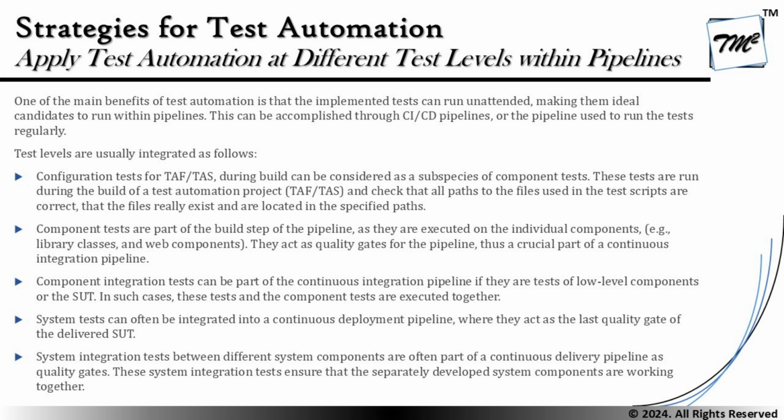So the objective, as we know from foundation already, is that SIT is all about integrating multiple systems together, and they may have various integrations or exchange of data possible. So all the tests related to that particular concept would be integrated into the pipeline as a part of this particular level, and certainly can be seen as a good candidate for contributing to the CI/CD pipeline.